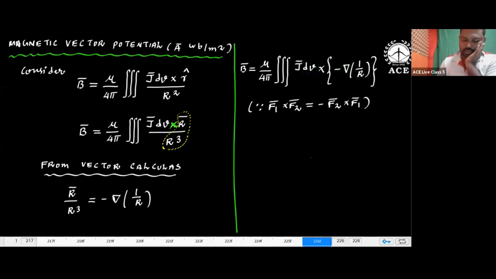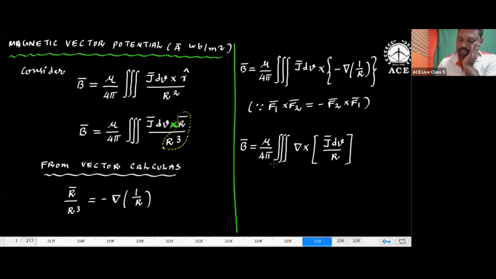So what happens to this B? B is equal to mu by 4 pi, volume integral of del cross J dV by R. What is happening here is, this J is operating at the source point.